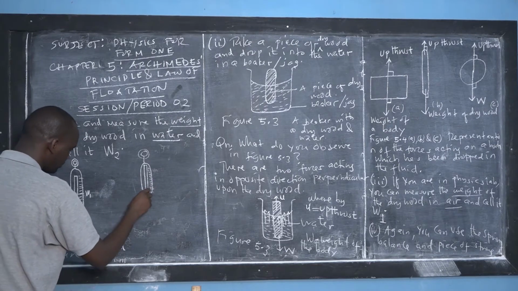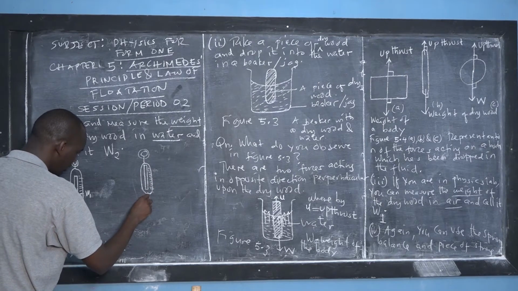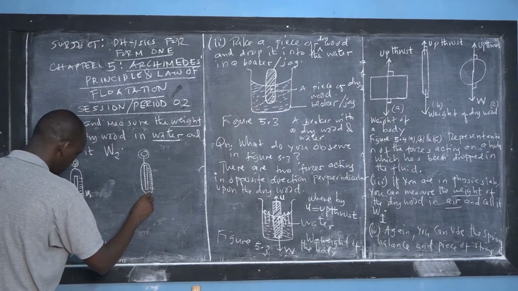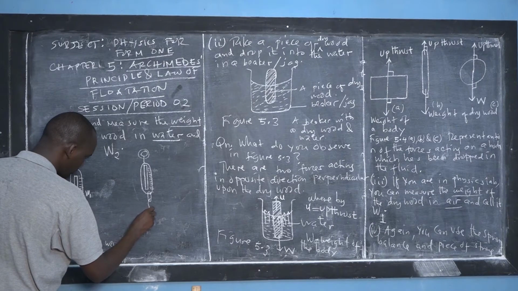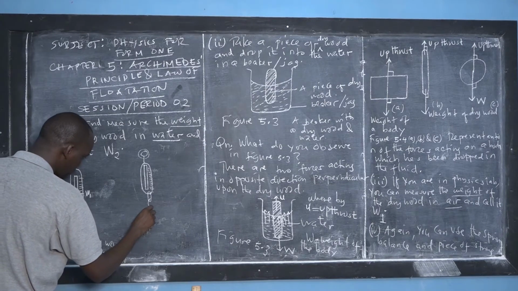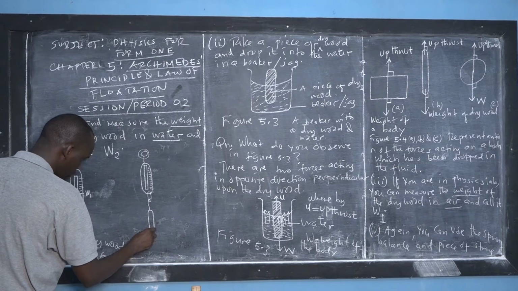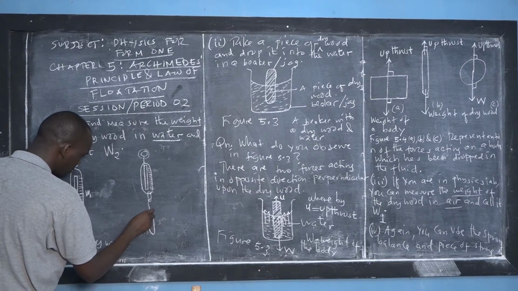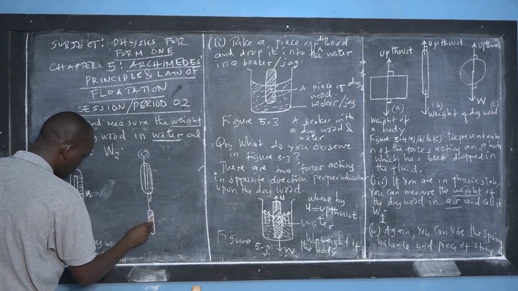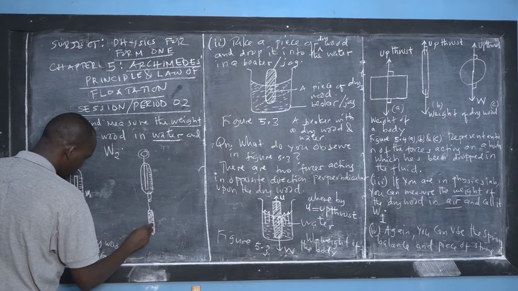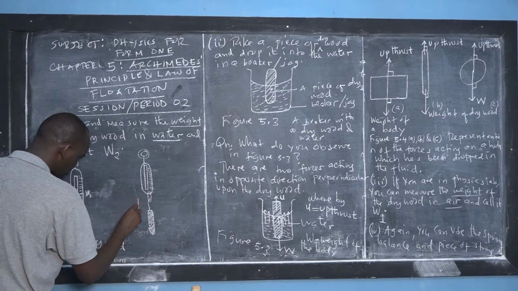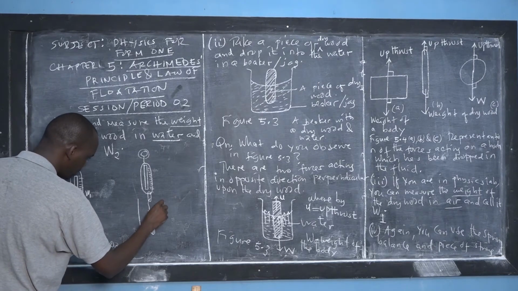Then this is the point. And here we have a rod, a piece of dry wood. It has been dipped in a beaker.